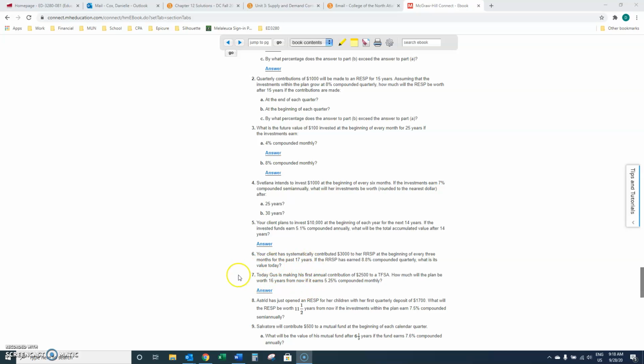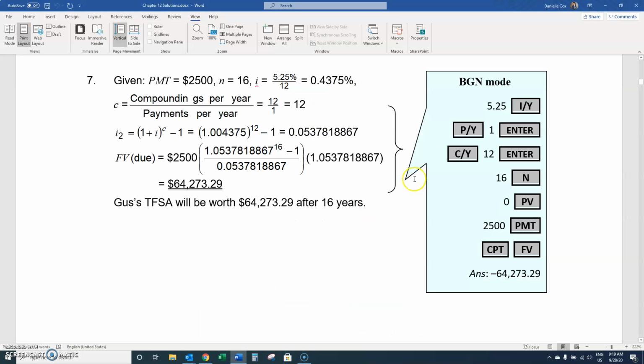But because we have "today", that indicates he's making it right now, and is going to make it every year for 16 years from this point. So the payment is being made at the beginning. That's the tricky part with these questions, distinguishing the fact that it's an annuity due. Once you have that figured out, it's no different than the questions we did before.